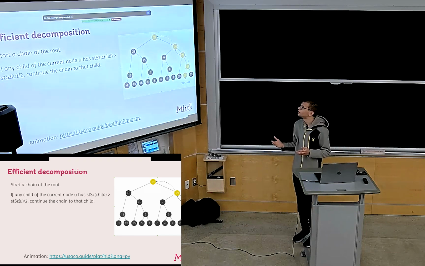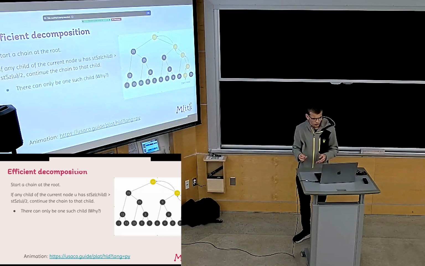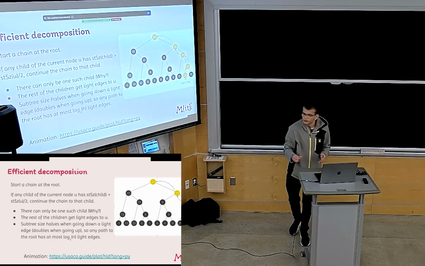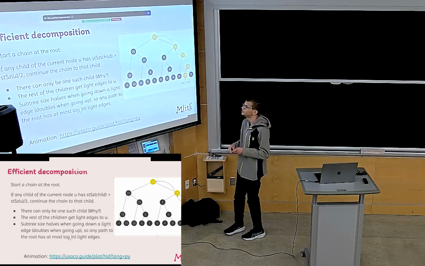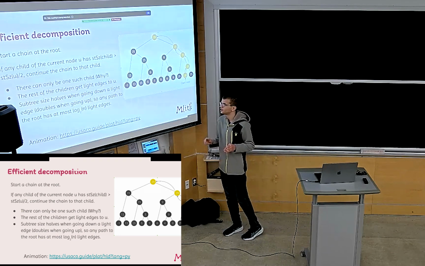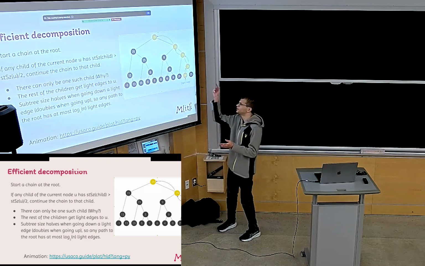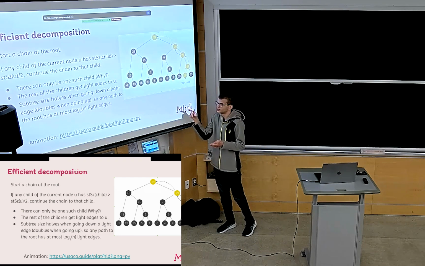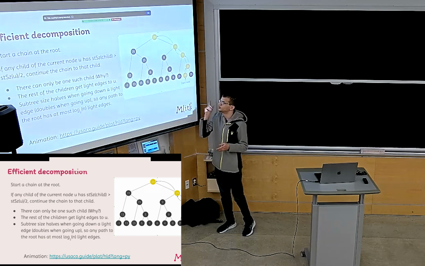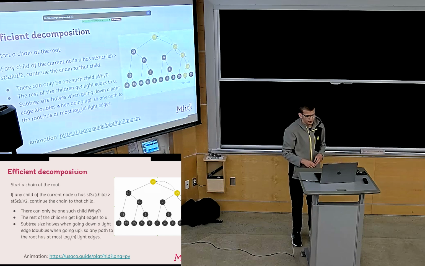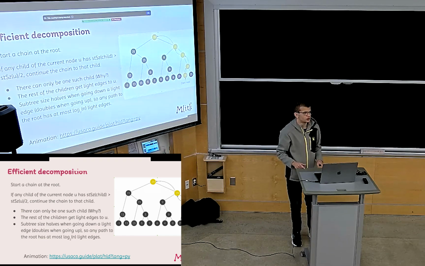However, this has the implication that whenever you go down a light edge, the subtree size will get halved, because where you had the light edge, the subtree size there is at most half of the subtree size of the original node. But the subtree size can get halved at most log base 2 of n times, because at that point you just reach 1 and can't halve anymore.